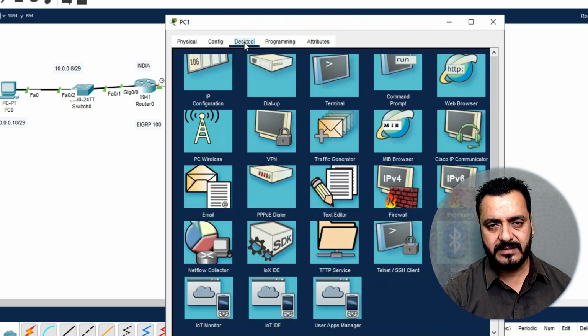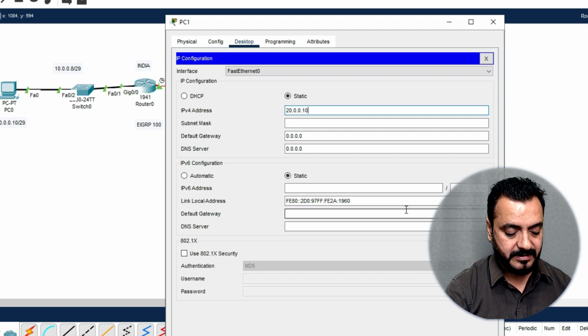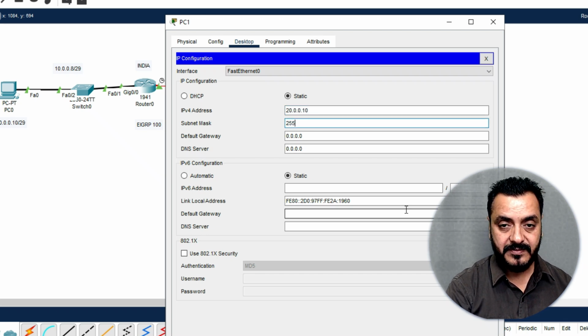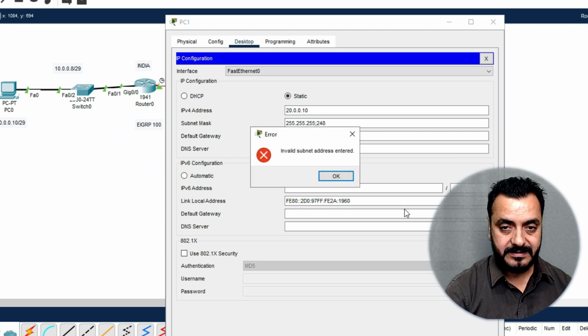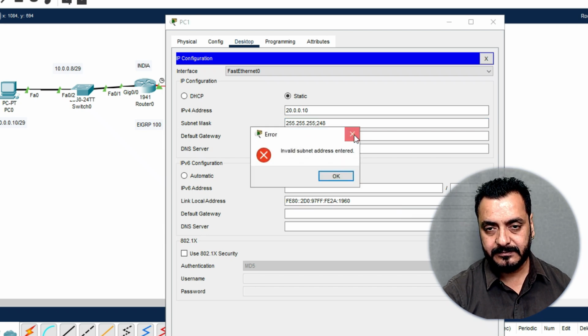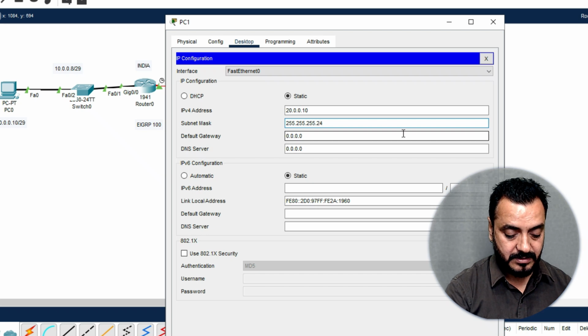So firstly, we have to configure the IP address onto the device, that is 20.0.0.10, then its subnet mask 255.255.255.248, then its default gateway is 20.0.0.9.